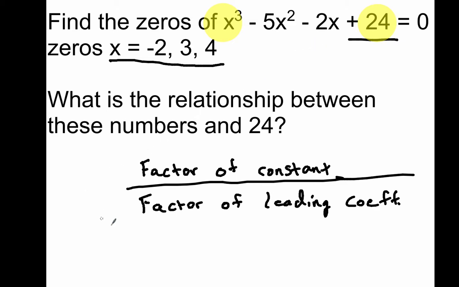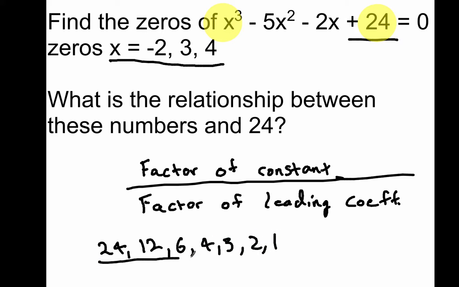So the factors of 24 are 24, 12, 6, 4, 3, 2, and 1. So any combination of these, and plus or minus for all of them, because -2 is a factor of 24 also. The leading coefficient is 1. So plus or minus 1 are the factors of the leading coefficient.